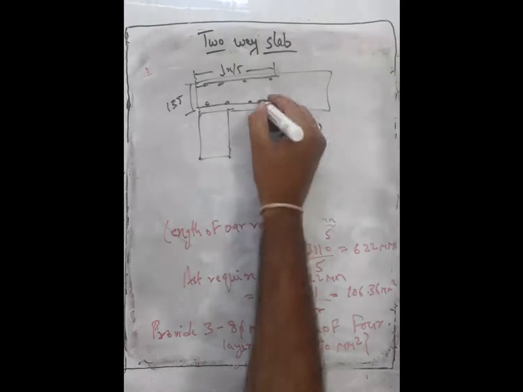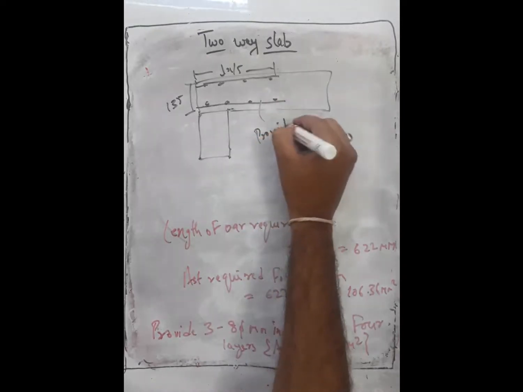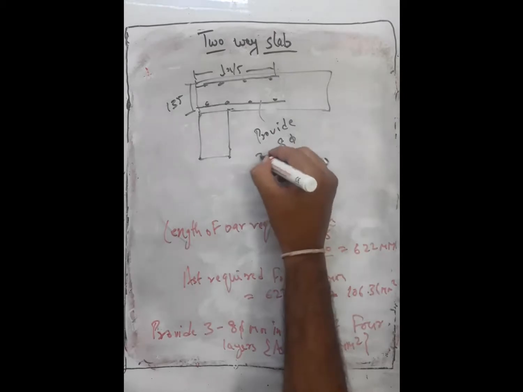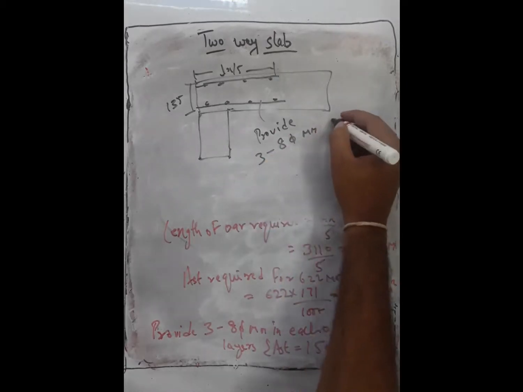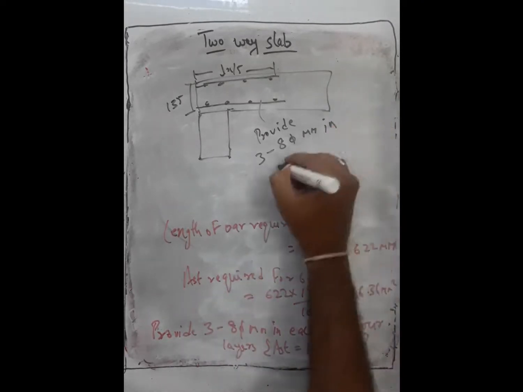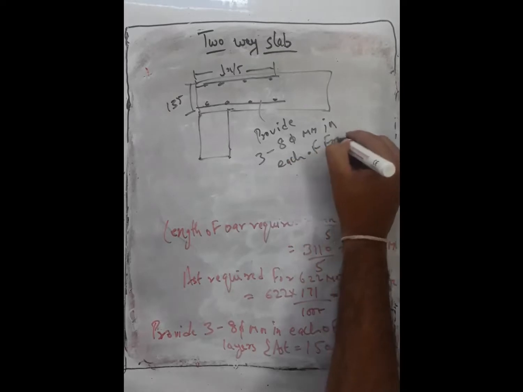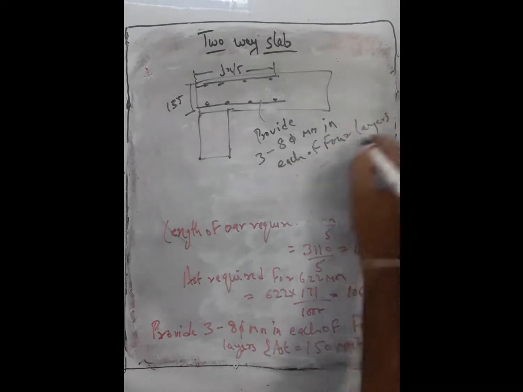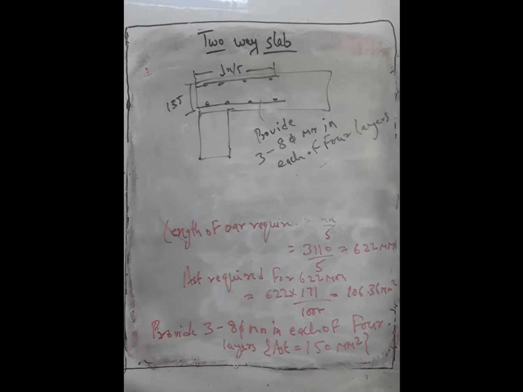Okay, so here we provide 3 bars of 8 mm dia in each of 4 layers. So in this way we find the torsion reinforcement. After finding the torsion reinforcement, we have to check for cracking, deflection, shear and development length.